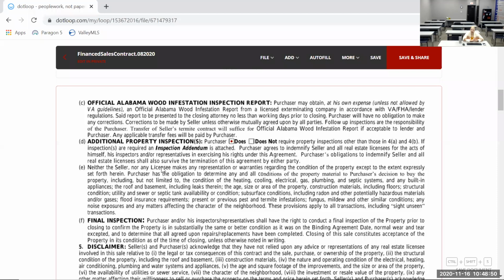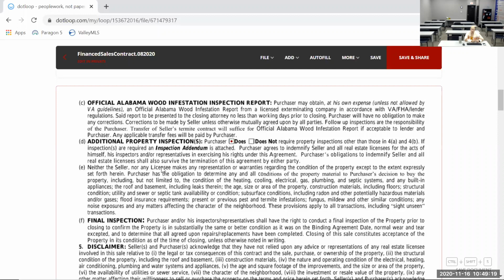So FHA now, if there is a termite bond currently on the property, instead of getting a whole new letter, the purchaser, check with the lender, the purchaser can get a transfer letter from the company and not have to pay that extra inspection. They can just transfer the bond from the seller's name to their name, and it will suffice.